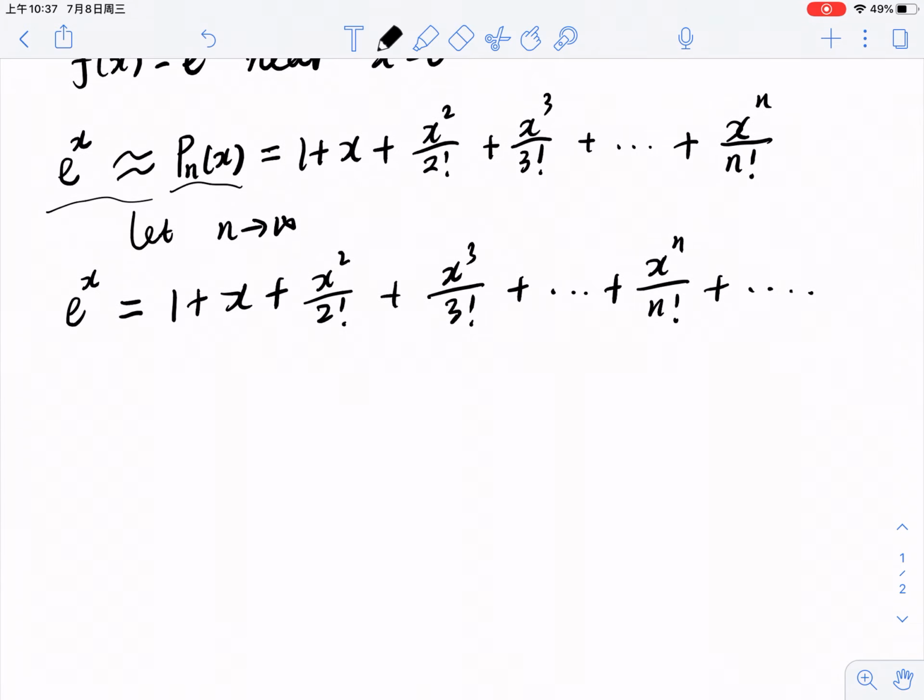Let n go to infinity, P_n(x) will converge to the function e^x.